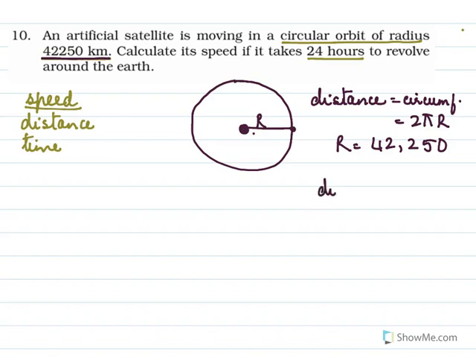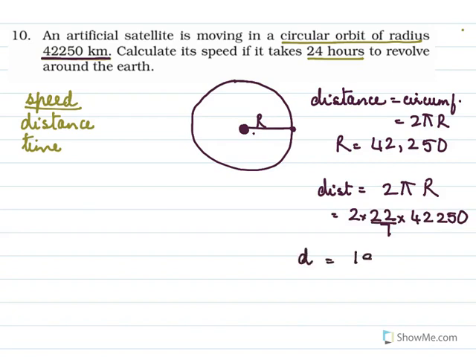So to find the distance, we need to do 2 pi r, that is 2 into 22 by 7, and your r is 42,250. On doing this calculation, we get our distance as 1859 with 3 zeros over 7. Now next is our time.